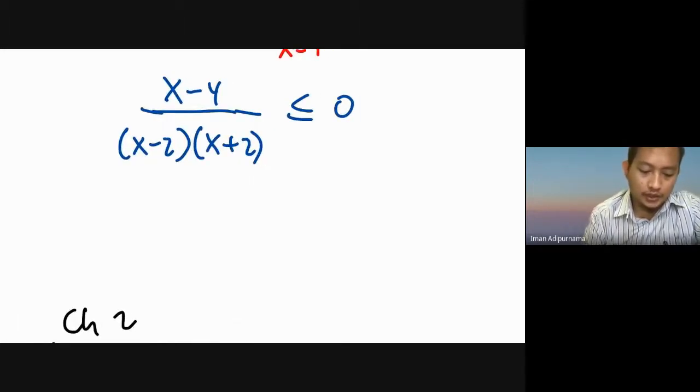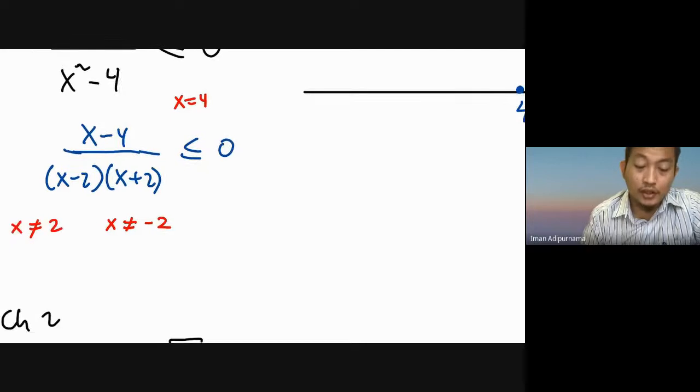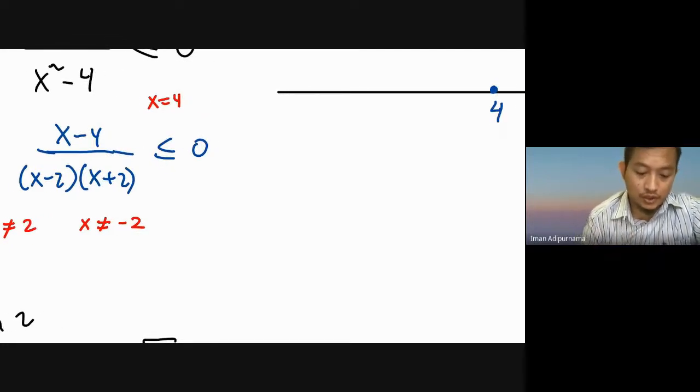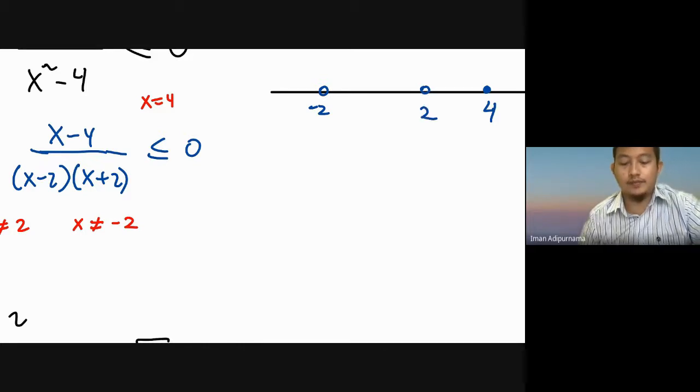And then we also cannot make it equal to -2, right? So we can also include these two numbers inside the number line. And we need an open interval for these two, right? This and this, probably there.